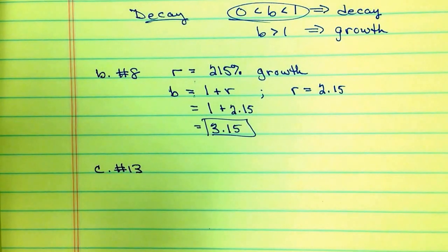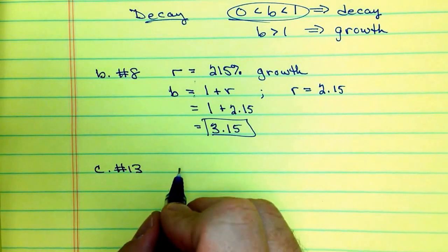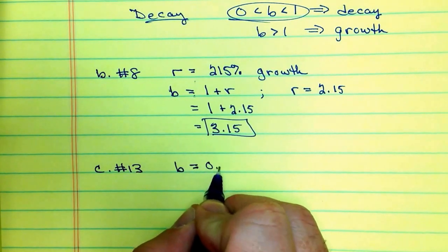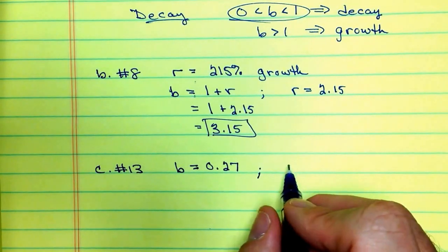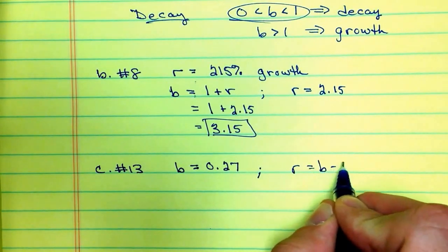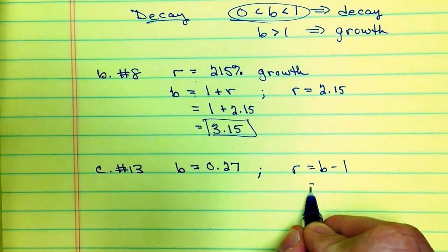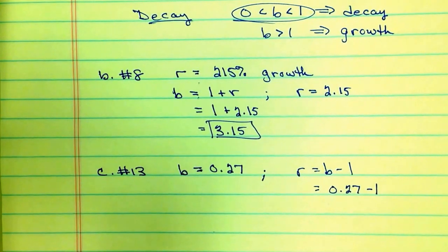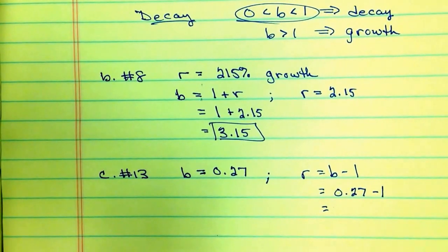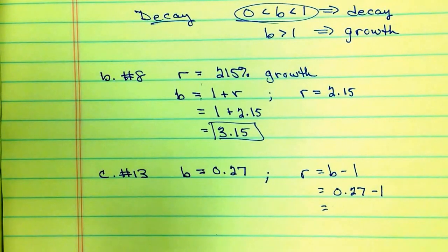All right, how about number 13? Give the growth rate that corresponds to the given growth factor. So here we're told B equals 0.27. All right, and recall that R equals B minus 1. So here R will be 0.27 minus 1. And then we grab our calculator if you don't know it off the top of your head, and I'm drawing a blank. So that should be what, 73 or 0.73, I believe.